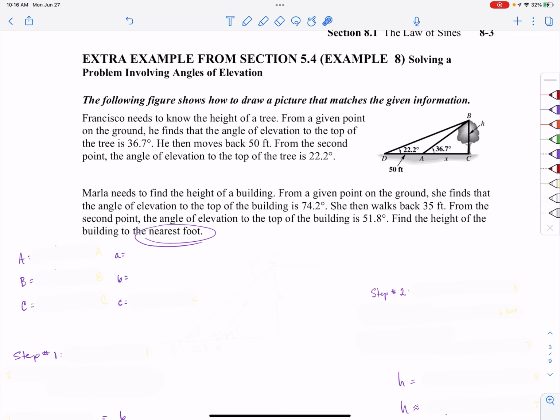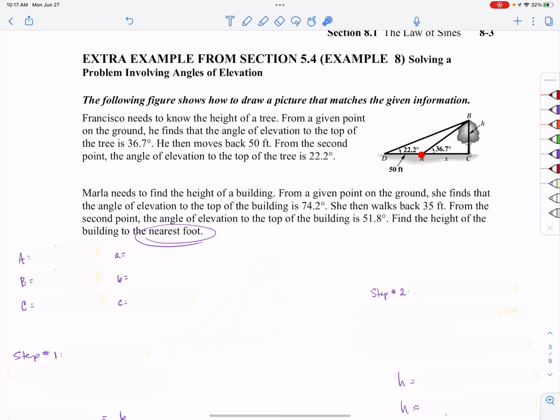All right, so let's take a look. He wants to know the height of the tree. And so he is standing somewhere, some point on the ground, and we know that from this point to the top of the tree, we have an angle of elevation. Remember, angle of elevation starts at the horizontal and goes up. So we know that our angle of elevation to the top of the tree is this 36.7 degrees.